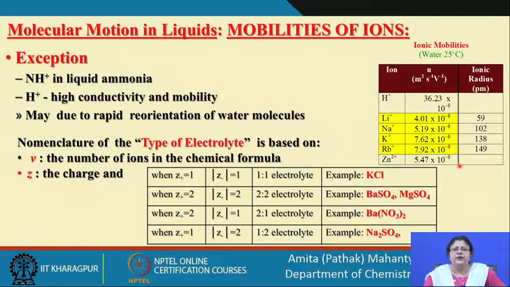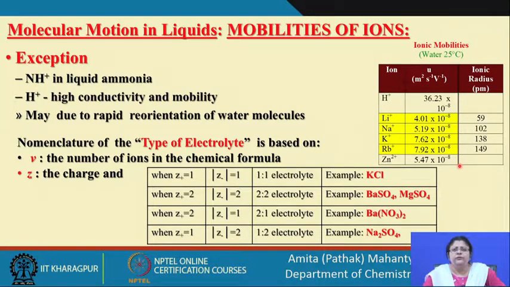The Z plus minus is always taken as a modulus, because we do not want any negative term associated.